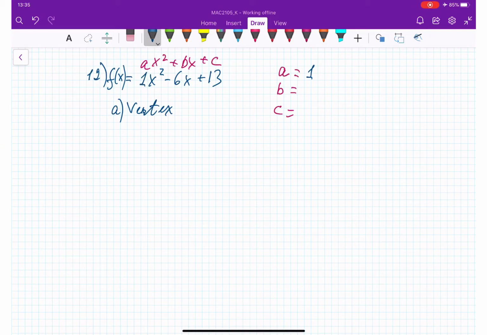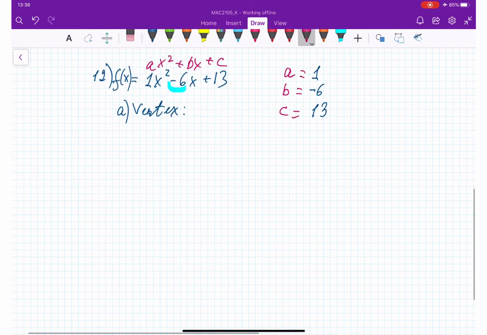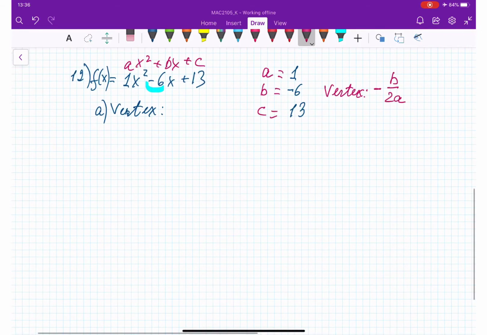B is going to be equal to -6. And C is equal to 13. So the formula for the vertex is negative b over 2a.